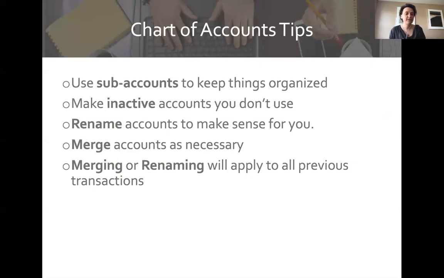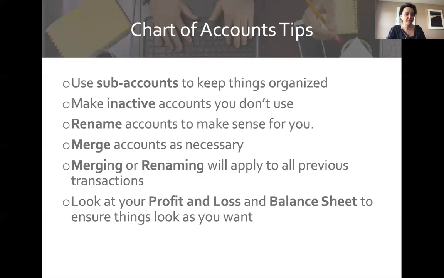And this will apply to all previous transactions. So if you've been running your QuickBooks and sometimes you enter soil amendments and sometimes you enter in compost, and then you rename and merge, all the historical transactions will be renamed as well. So don't worry about having to go back and change 27,000 individual transactions. You can just rename one account and it'll apply to everything.